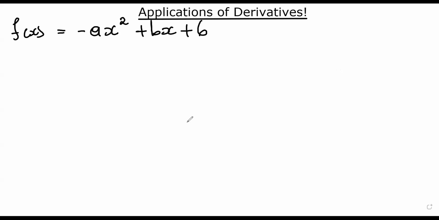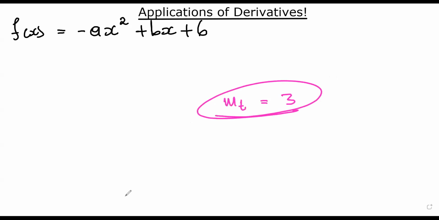That's fine. Now what they told us is the gradient of a tangent is equal to 3. What is the meaning of that?